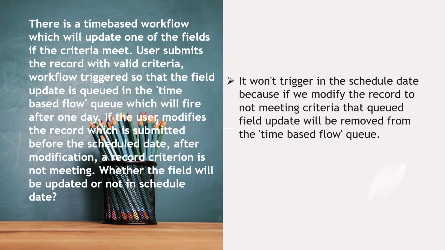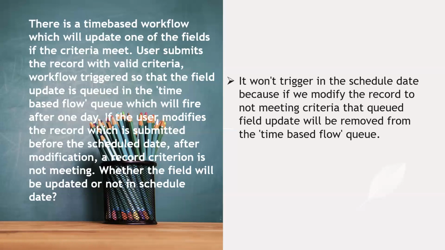I created this record at about 2:20 p.m. today, so it should be fired tomorrow at 2 p.m. But before that, let's say today evening, tonight, or tomorrow morning, I updated that same record again.